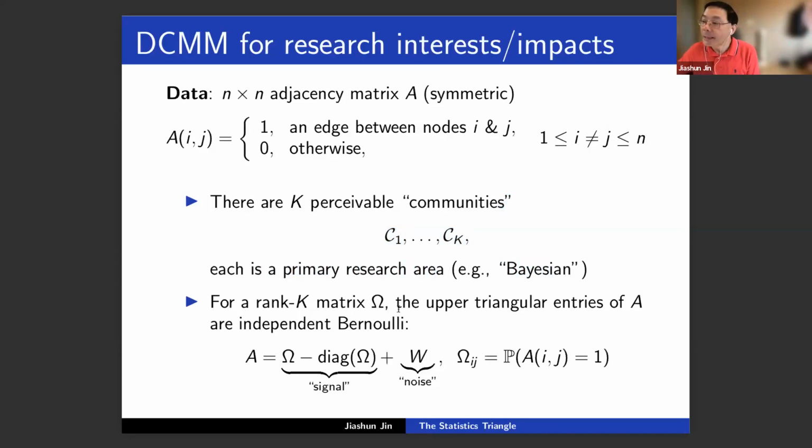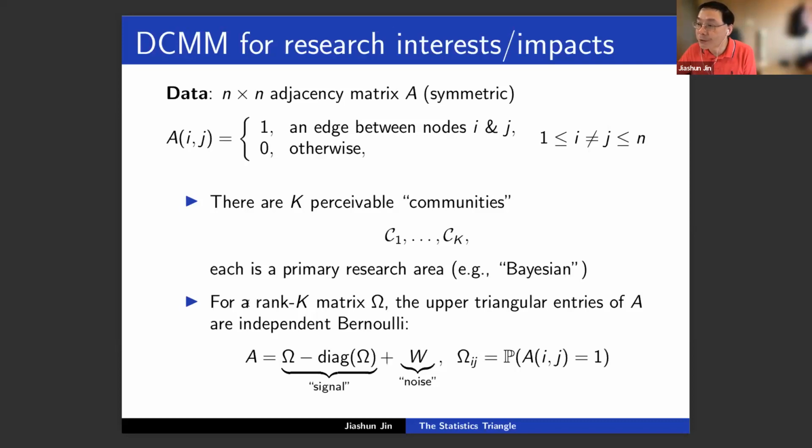Now, for the same case here, we assume a rank K model, with a rank K matrix omega. The upper triangle of A consists of independent Bernoullis, and omega ij equals the probability that Aij equals 1. You can imagine this matrix is non-negative and symmetrical.